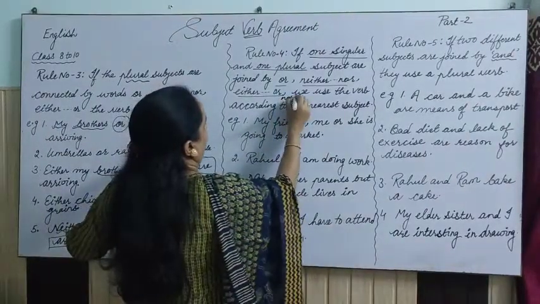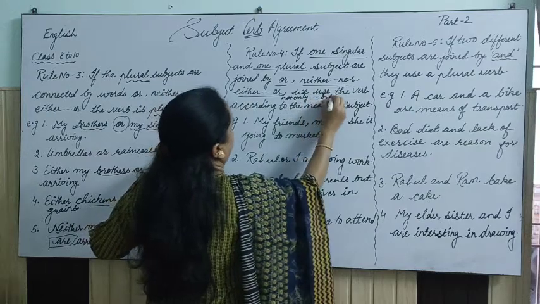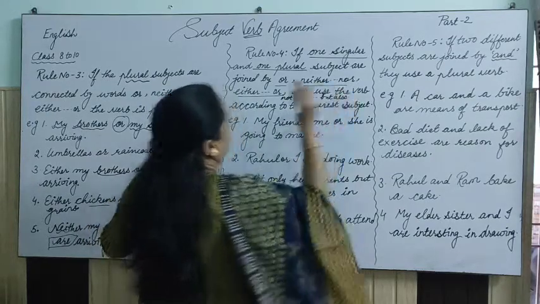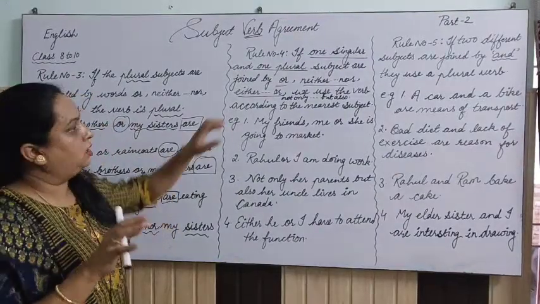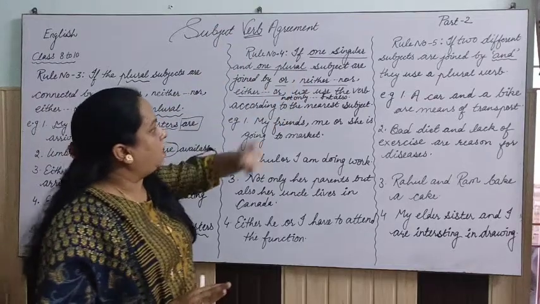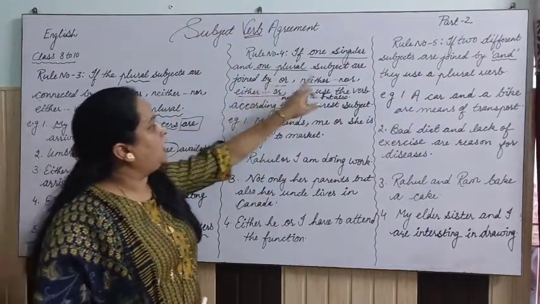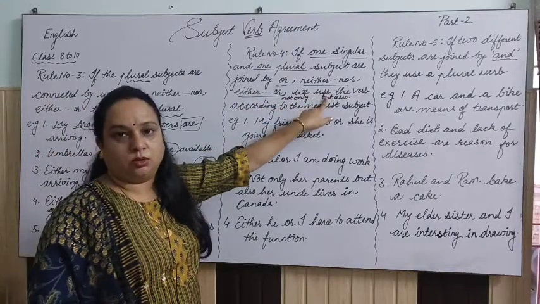I forgot to write down not only but also. Okay, you can write down. So if these words are attaching a singular subject or plural subject, what I am saying once again, the words are or, neither, nor, either, or, not only but also, right.